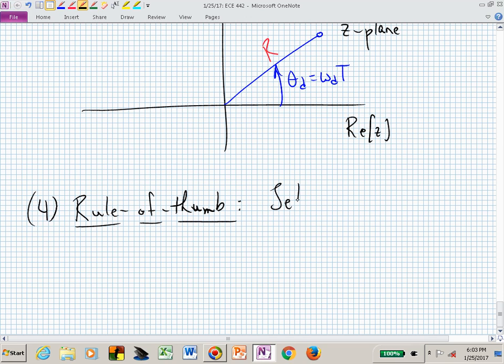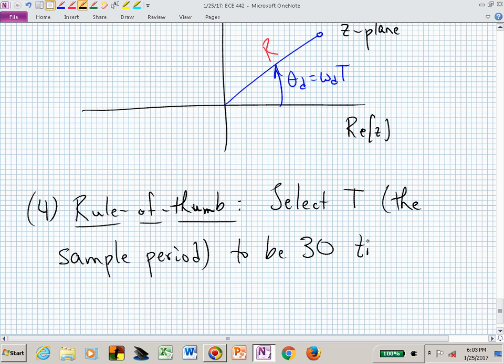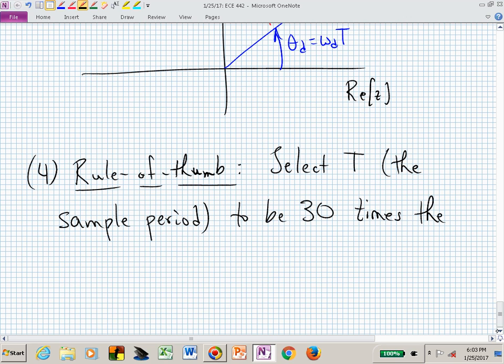We select capital T, which is called the sample period, to be 30 times the closed loop bandwidth.